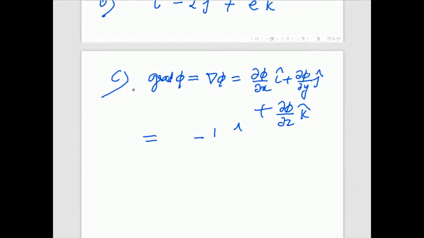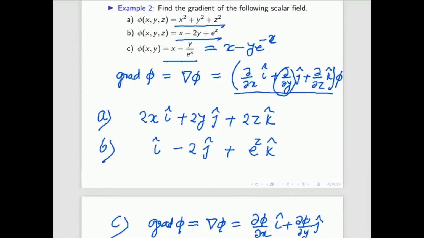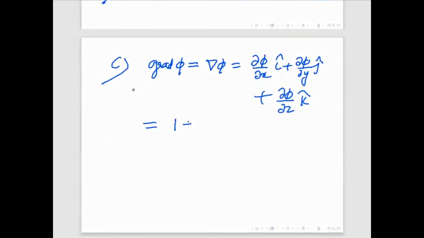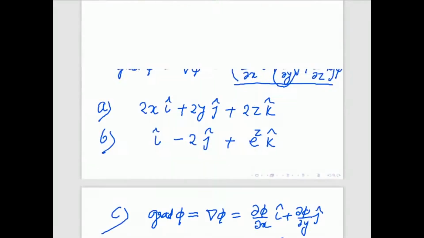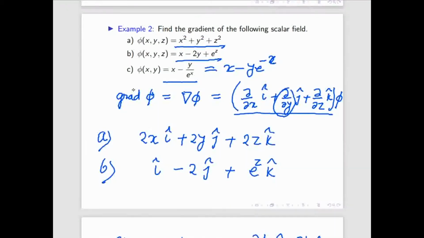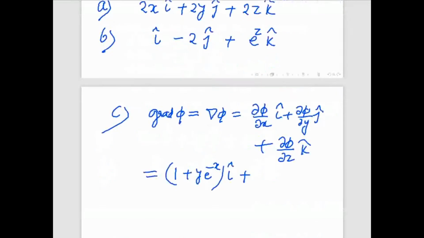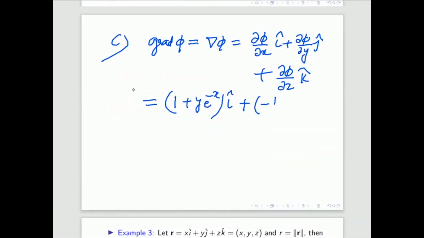So the first component you will get 1, that is the derivative of this x, then the derivative will give plus y e to the power minus x. This is the derivative with respect to x, plus the derivative with respect to y will give 0, minus 1 upon e to the power minus x j cap, and this is 0 k cap. So that is the answer.